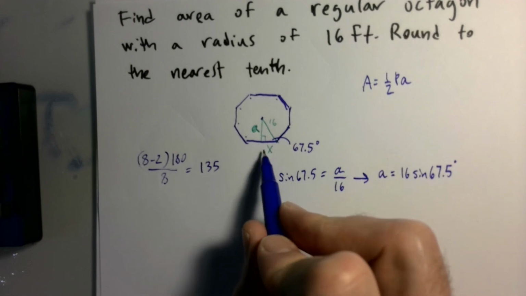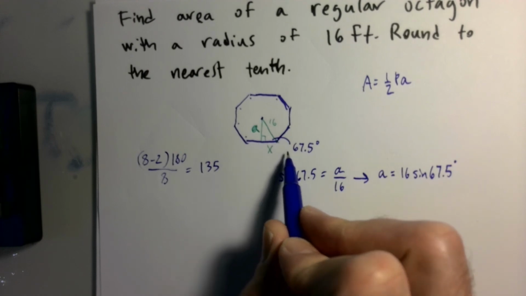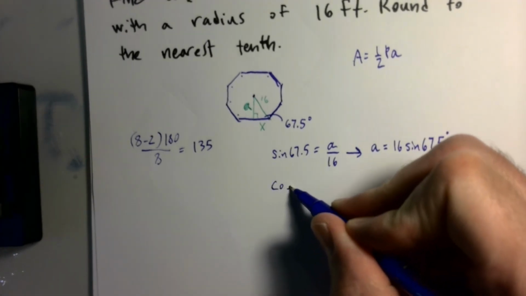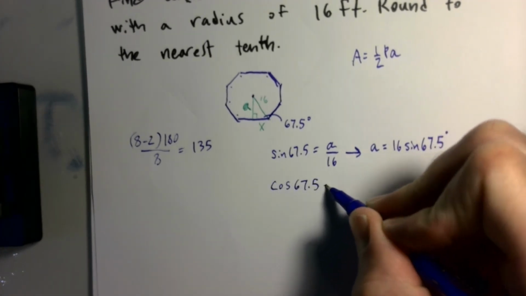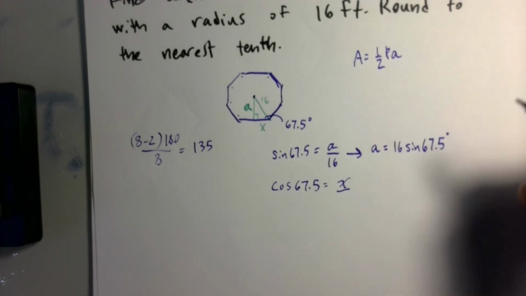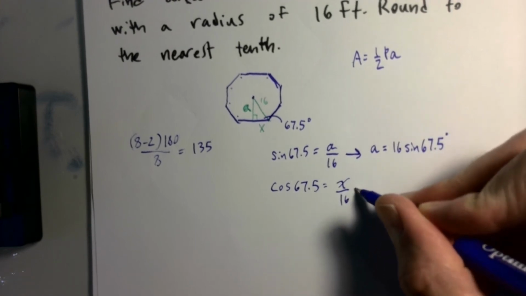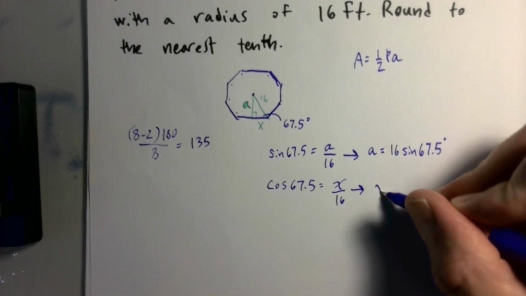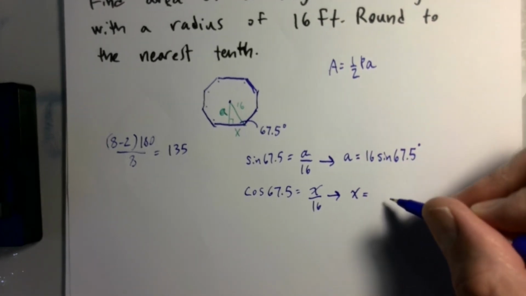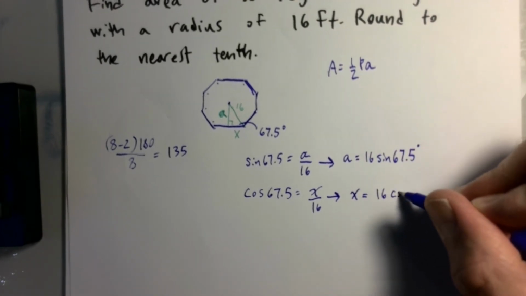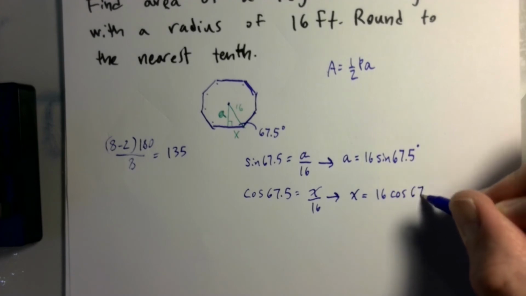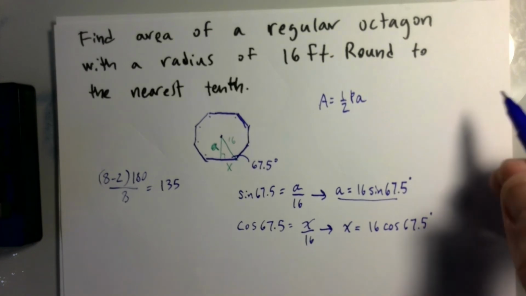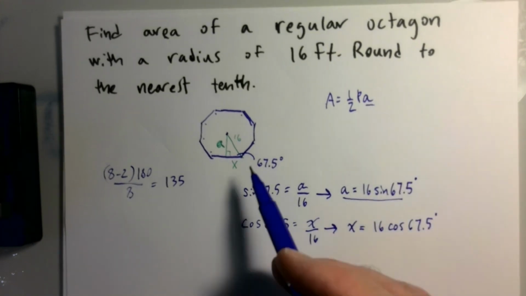And then to find x, that's adjacent to 67.5, and 16 is hypotenuse, so I'm going to do cosine of 67.5 equals x divided by 16. Same solution technique, multiply both sides by 16. Okay, so x is going to be 16 cosine of 67.5. Wow, that's a mouthful. So I have the apothem, okay, good, and I have x.